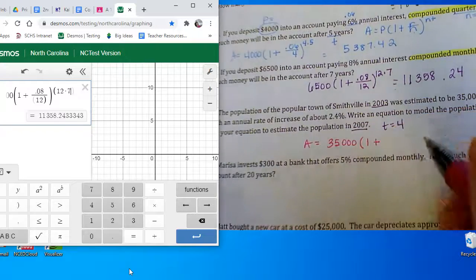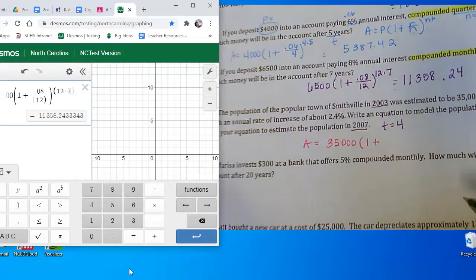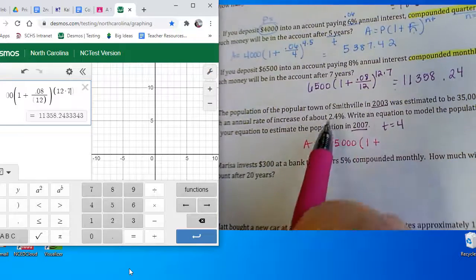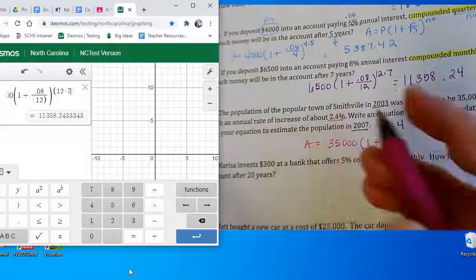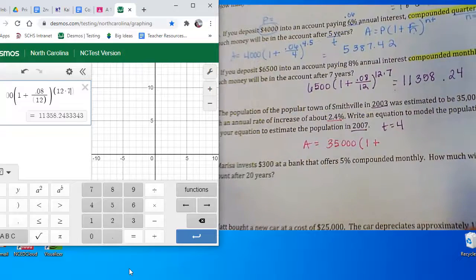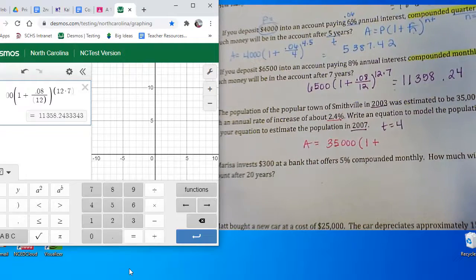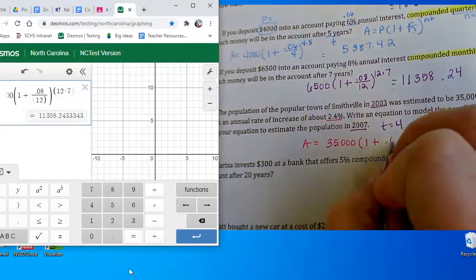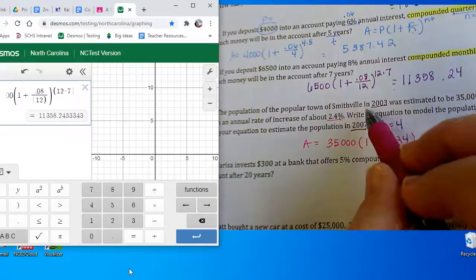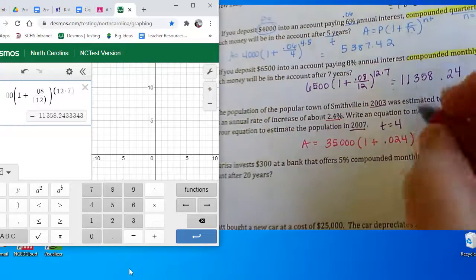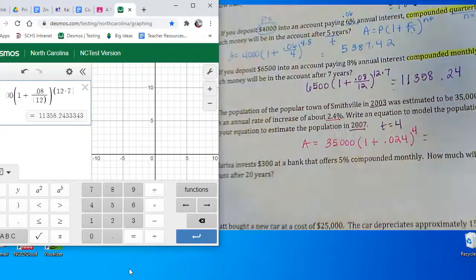1 plus, by the way, it doesn't say compounded a certain way. So we're not going to use the long equation. We don't have to have n. Our rate is 2.4%. Move that decimal over. In front of the 2 is 1 place, and then 1 more makes a 0, so 0.024. And we said it was 4 years because from 2003 to 2007, that's 4 years. So that's the equation that it's asking for when it says write an equation.